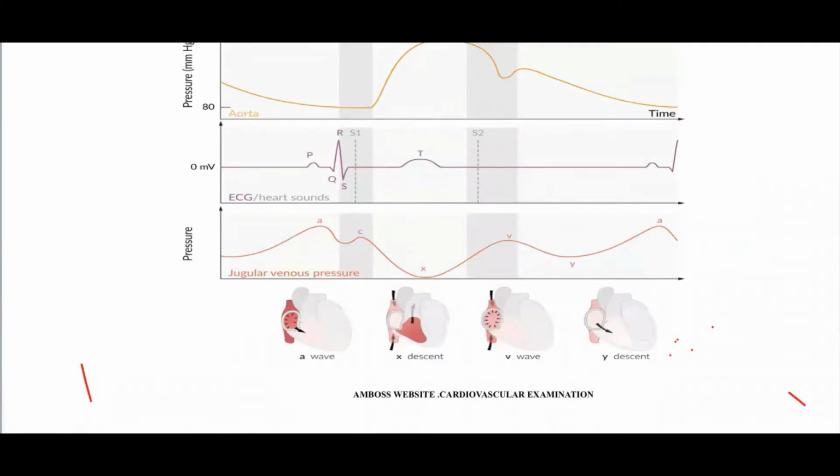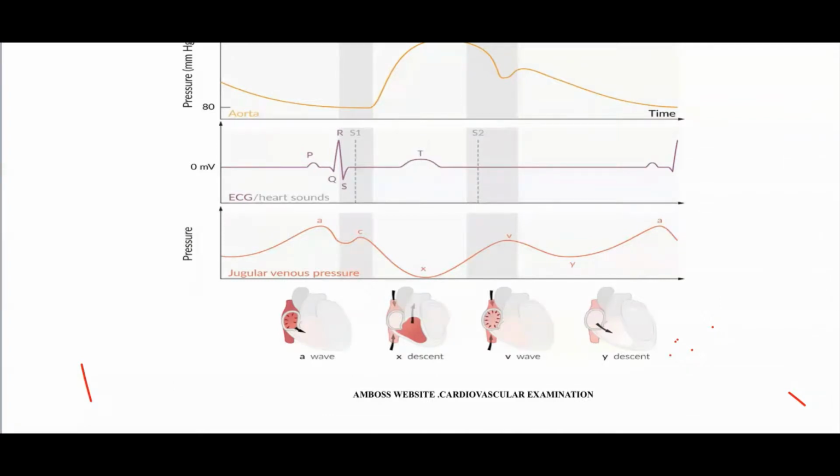So A is atrial contraction, and what is X? Tricuspid closure. Exactly. The tricuspid valve closes and systole starts. During this time, the atrium is relaxing, that's why the pressure is dropping, except for a tiny C wave that might interrupt this relaxation.